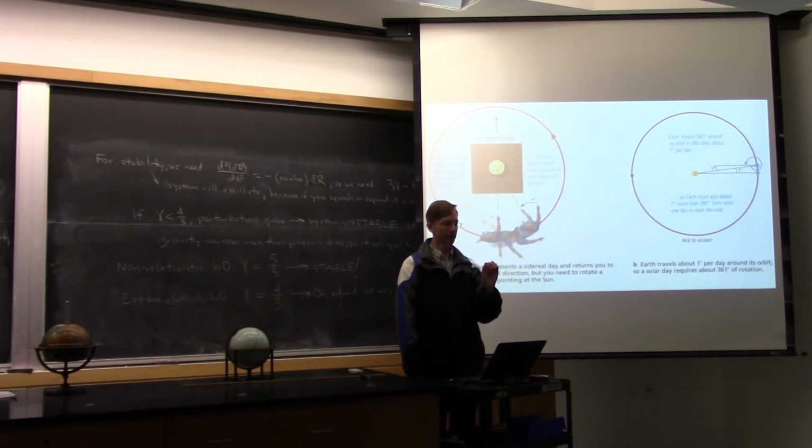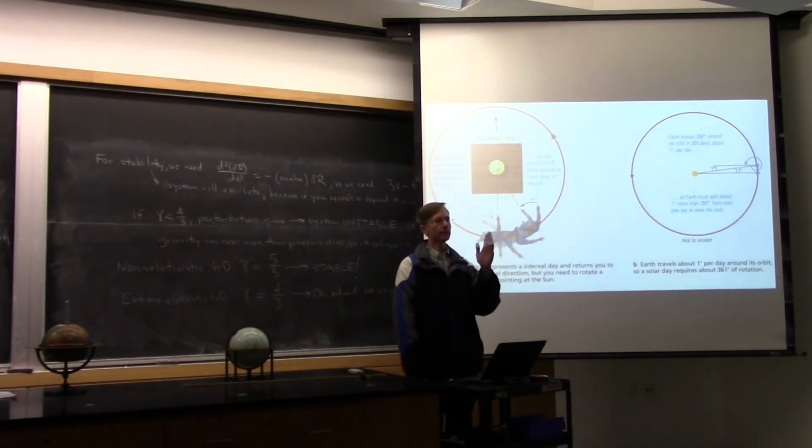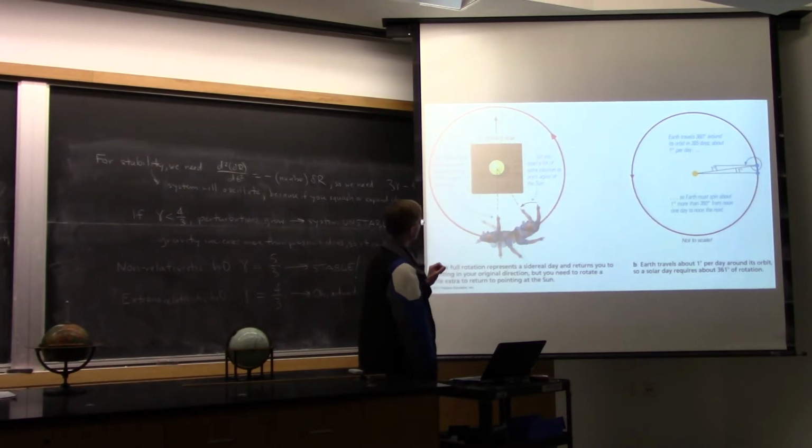On the other hand, Earth is orbiting the Sun. A solar day is the time for the Sun to be on your meridian and get back to your meridian again. That's different because we are orbiting the Sun at the same time that we're spinning on our axis.